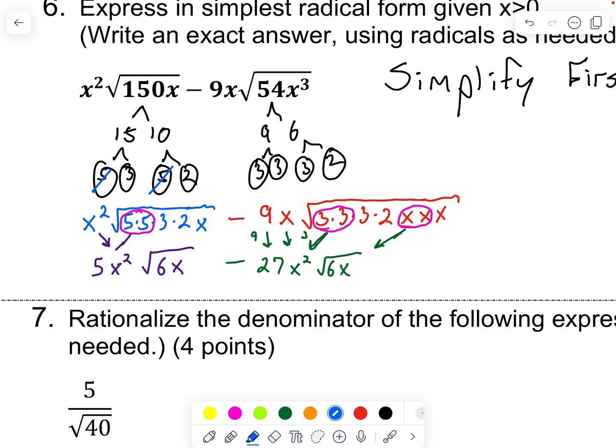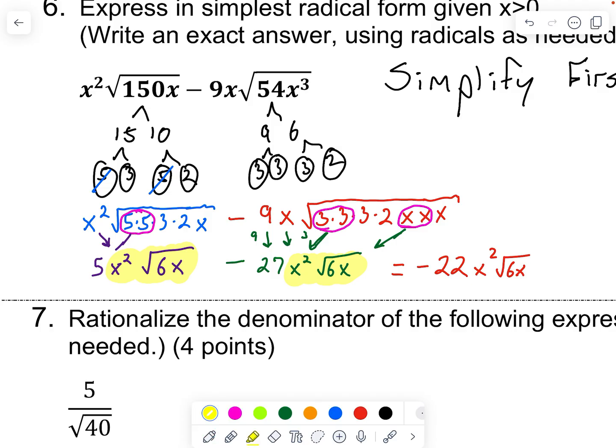Look what we have, right? We have x squared square roots of 6x, x squared square roots of 6x. I've got 5 of those minus 27 of those is going to give me a grand total of negative 22. 5 minus 27 gives me negative 22 of these x squared square roots of 6x.